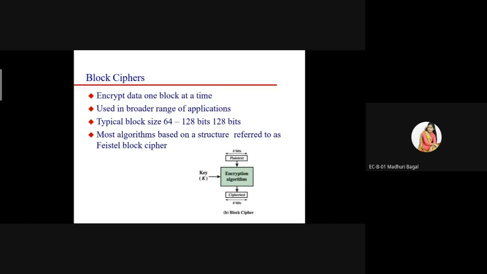Using this particular algorithm in block cipher, we can encrypt the message as well as decrypt it. So these are the two important concepts from unit number 2: one is the stream cipher and another is the block cipher.